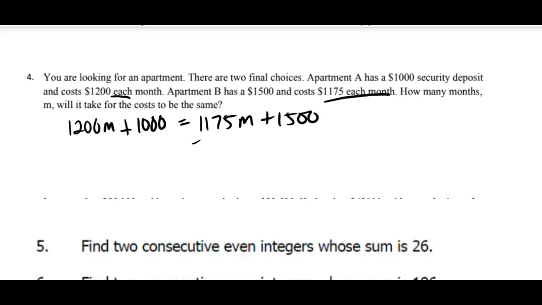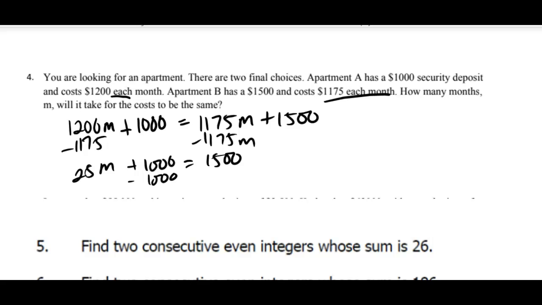Okay, now I need to get these to the same side, so I'm going to subtract 25M. Plus 1,000 equals 1,500. So it says how many months will it cost for them to be the same? So I finish this up. 25M equals 500.